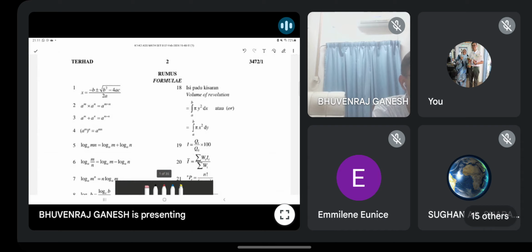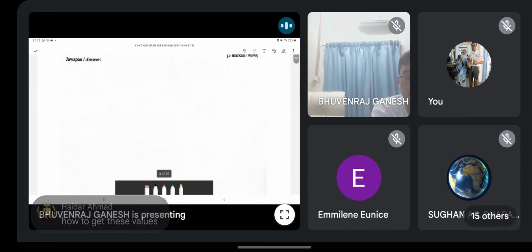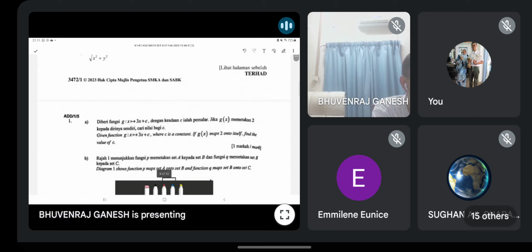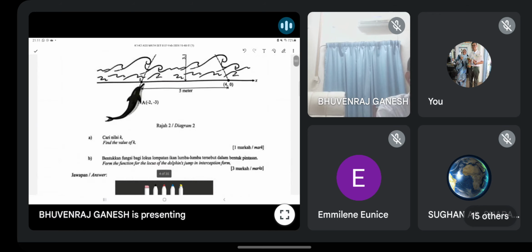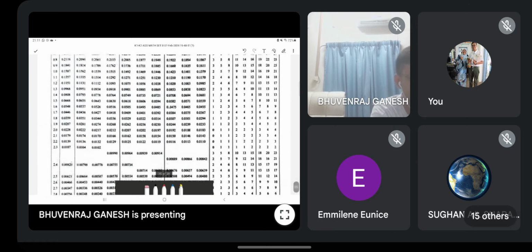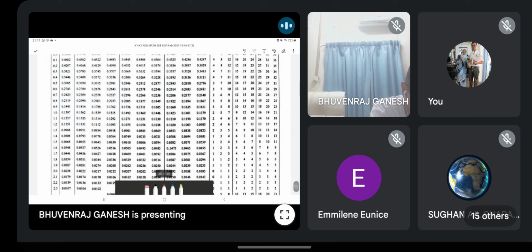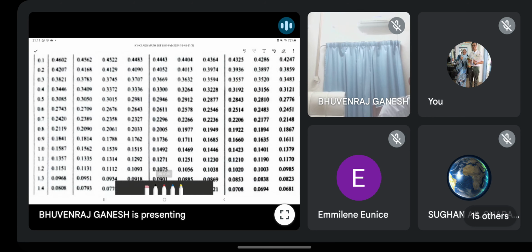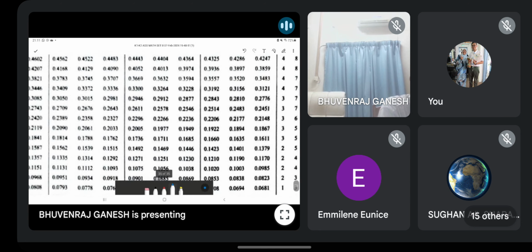I'm finding the table first. Wait. Slowly. Where is it? Never include the table lah. Wait now, guys. Oh, okay, got 0.1047. Okay, if you see the table, 1047. Okay, we take this value lah.